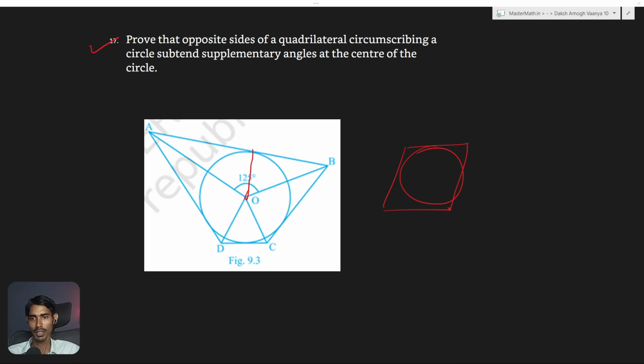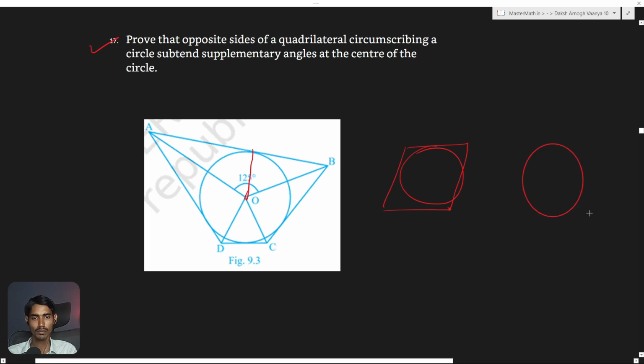I think we should get a better diagram. It is something like this. It's a general quadrilateral, A, B, C, D.